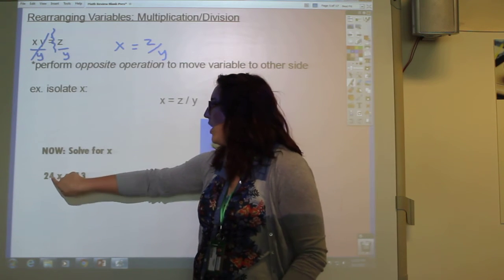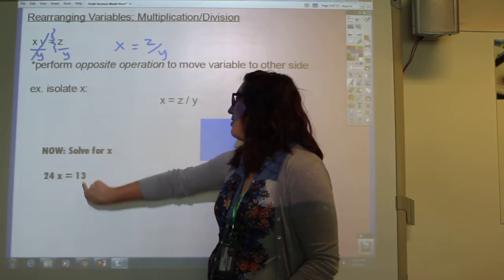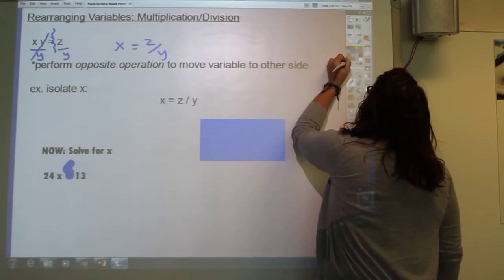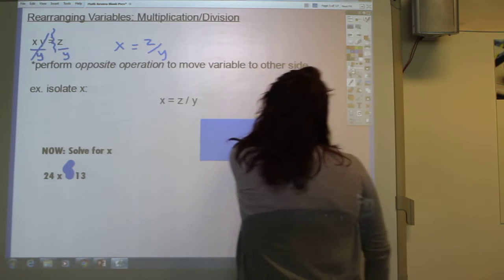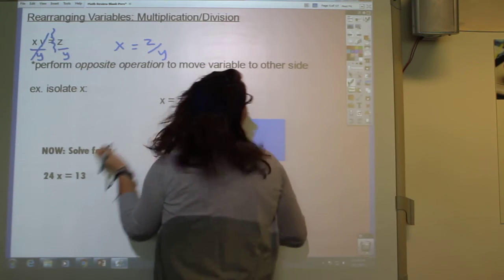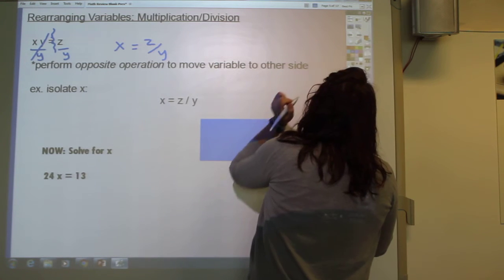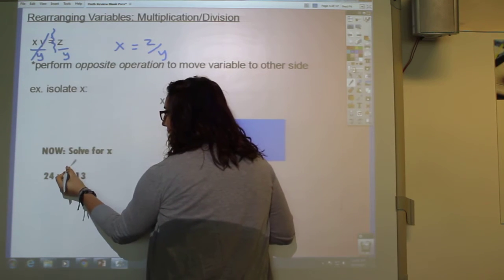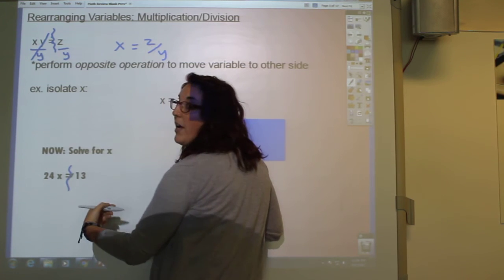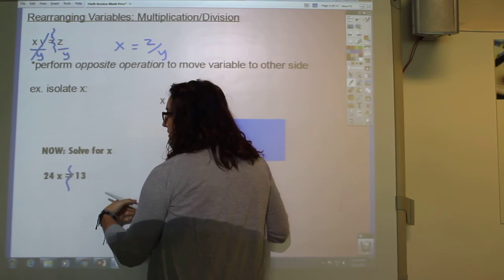So if we have 24 times x equals 13, we're going to have to do the same thing. It's too big. Here we go. I'm going to do the same thing. Okay. This is being multiplied, therefore we have to do what? Divide.